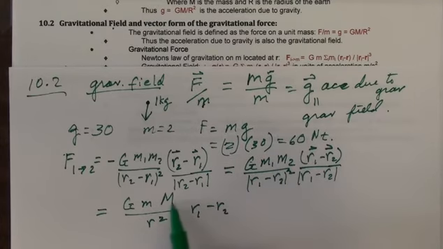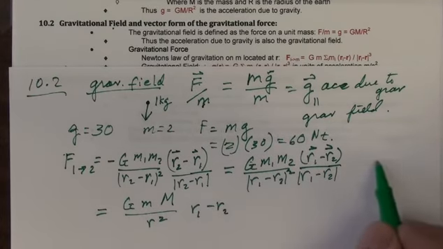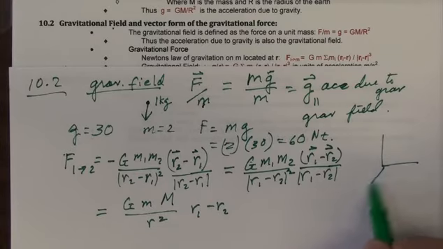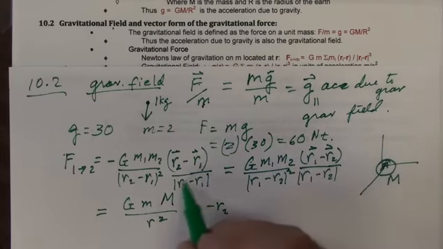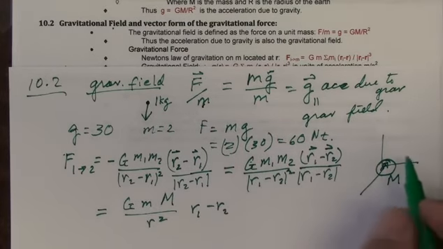And let's put this large mass at the origin. So we're going to put a coordinate system here, put our large mass M at the origin. So we have a vector that goes to the large mass, and the large mass is going to be 2. The small mass out here is going to be R1.